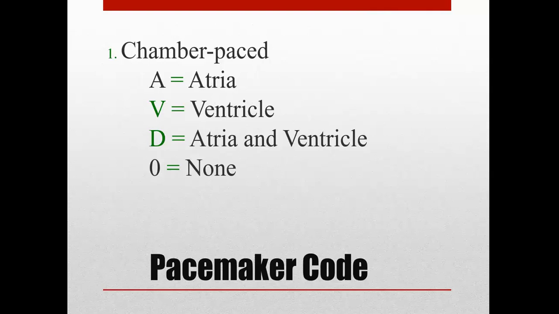Okay, so pacemaker code, position 1, chamber paced. The letter listed in position 1 refers to the chamber that is paced. A is atria, V is ventricle, D, think dual, is atria and ventricle, and then 0 is none.